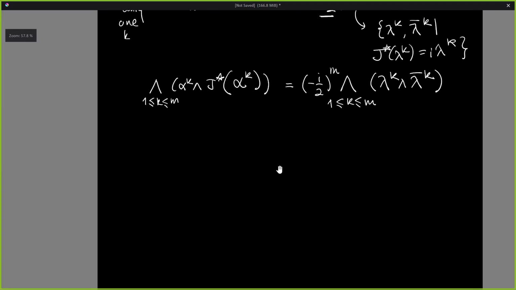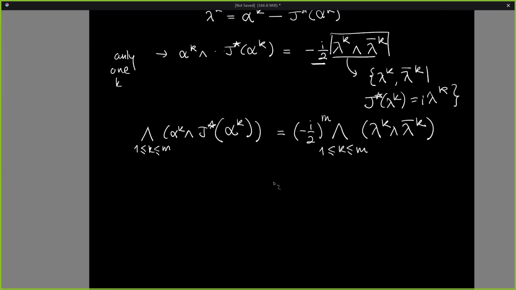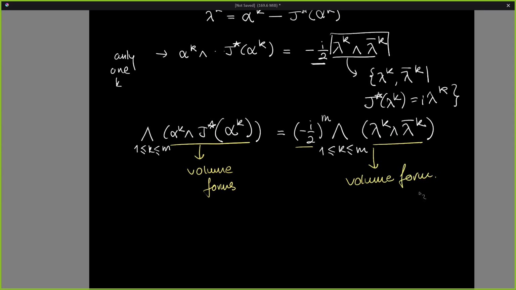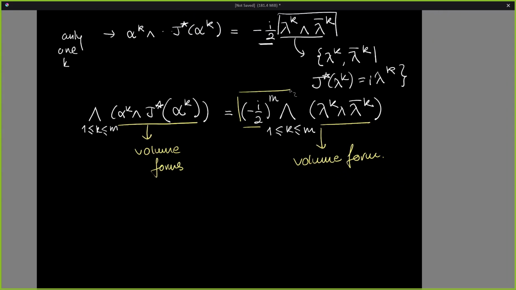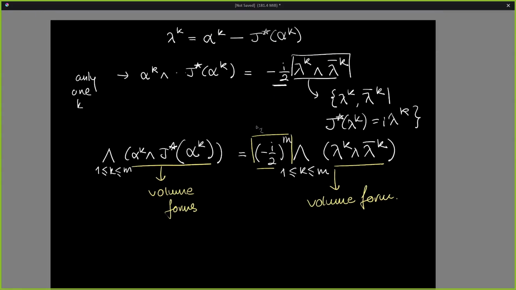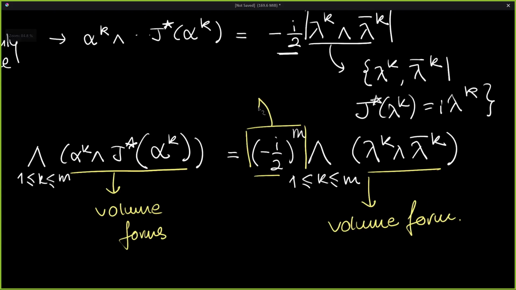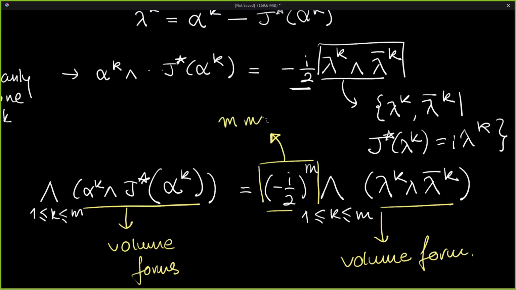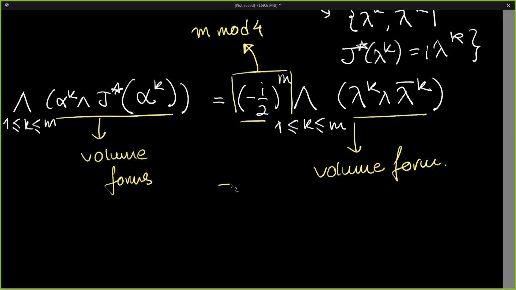Now this is interesting, because what it says is that this is one of the volume forms, and this is a different basis with a different volume form. And there's this factor out in front, which depends on m mod 4, because minus i to the power 4 is equal to 1.